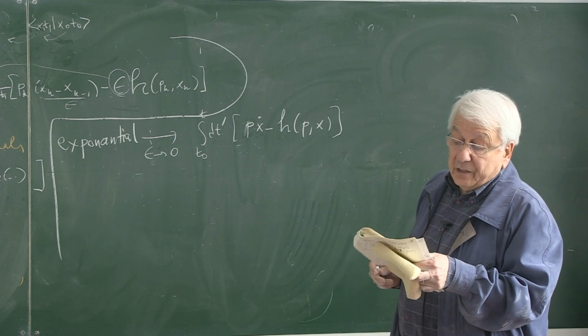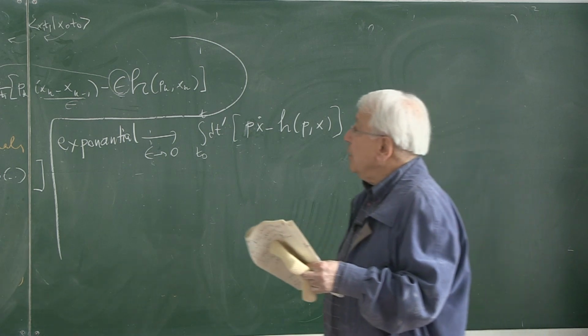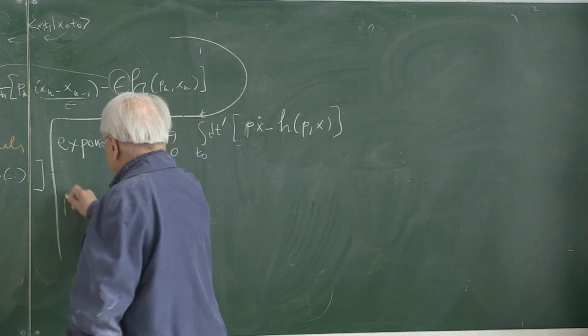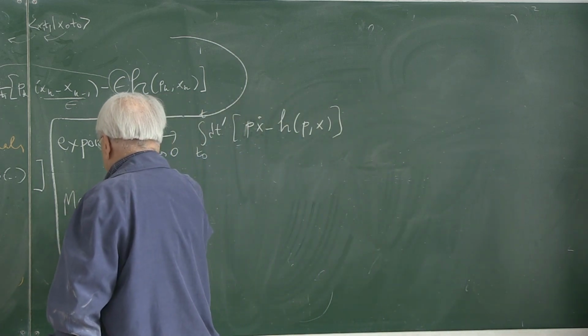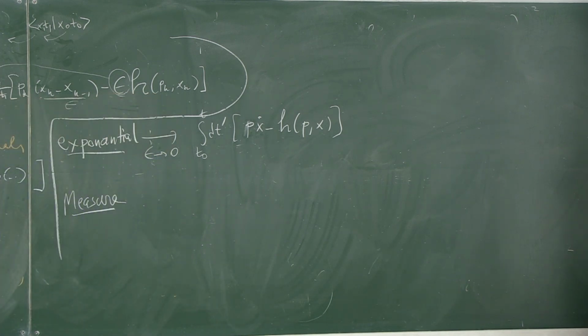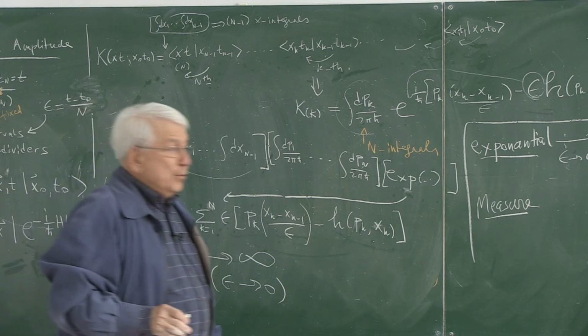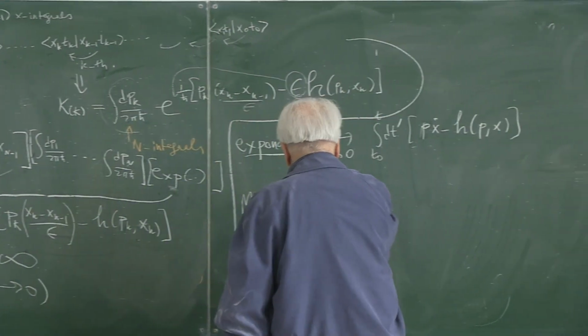The measure is really strange, and it should be denoted accordingly. What about the measure? Integral measure, of course. The measure was the product of all these that goes in number to infinity in principle. So we will denote this measure now.